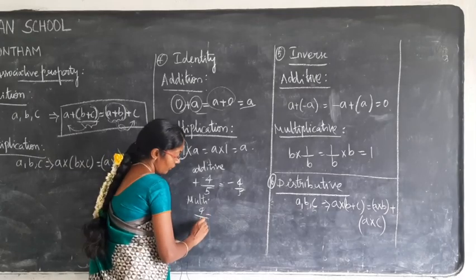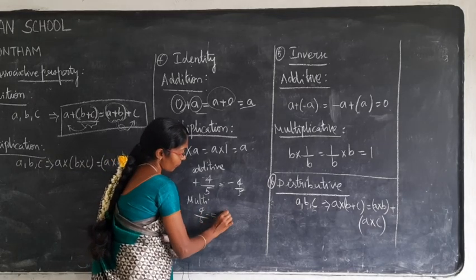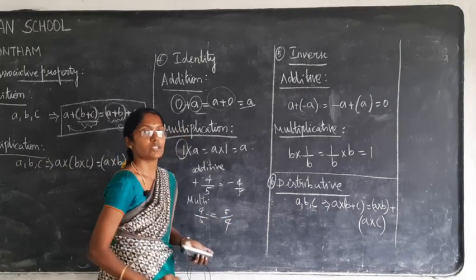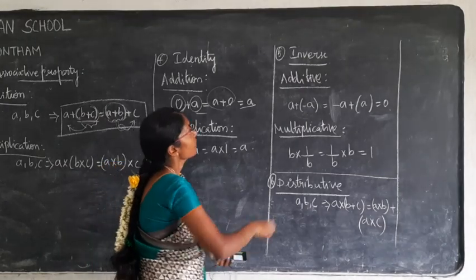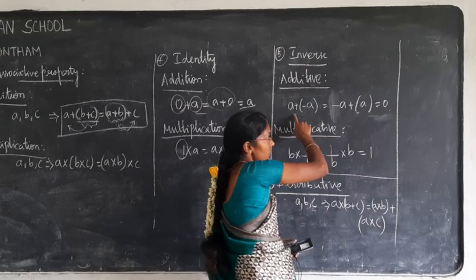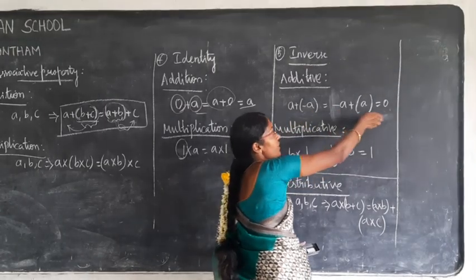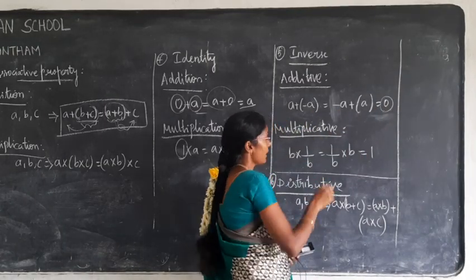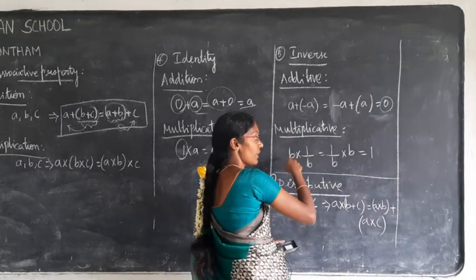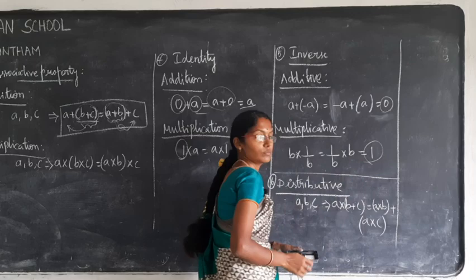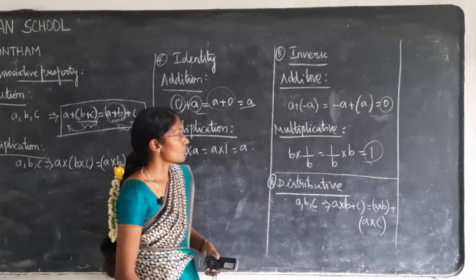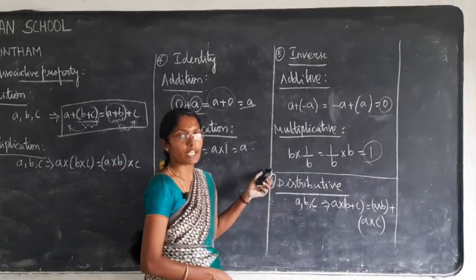What will you do? You have to take the reciprocal, 5 by 4. That's all. Okay. So see here, additive inverse means change the sign. If you add those two, you will get 0. Multiplicative inverse means you have to take the reciprocal. If you multiply those two, you will get the answer 1. Okay. So, clear about additive inverse and multiplicative inverse.